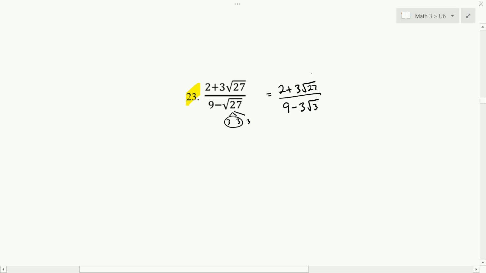And yes, we can do it to the other square root of 27 as well, but I'm just trying to focus on the denominator. And then we can do one more thing. We could factor a 3 out of the denominator and get 2 plus 3 root 27 over 3 times 3 minus root 3.